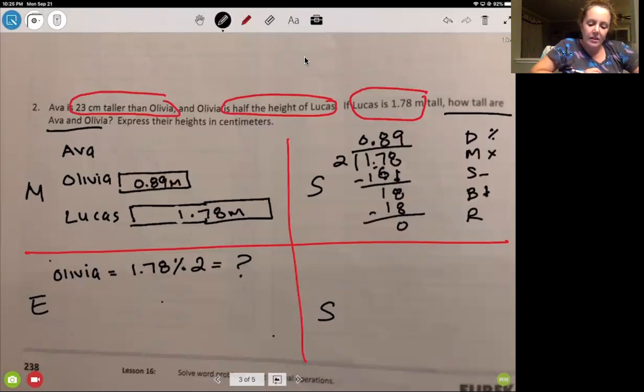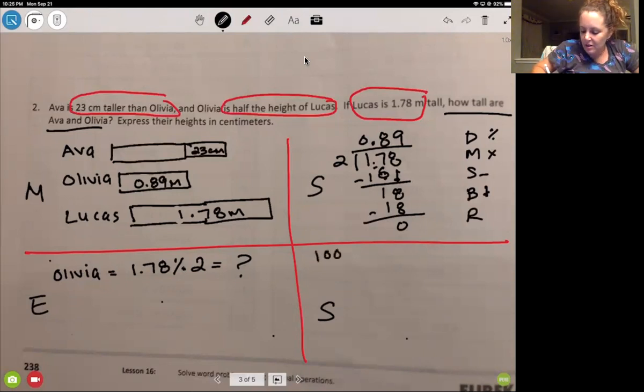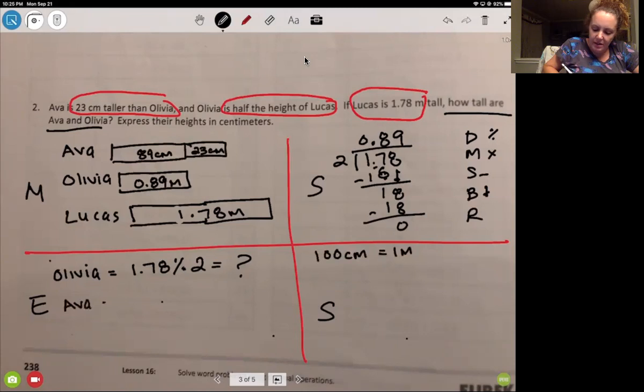So now we have Ava, and she is Olivia's plus 23 centimeters. So if I'm remembering back a long time ago, we learned there's 100 centimeters in 1 meter. So if I change Olivia into centimeters, I would times by 100 to get 89 centimeters. So to get Ava, I'm going to need to do 89 centimeters plus 23 centimeters.